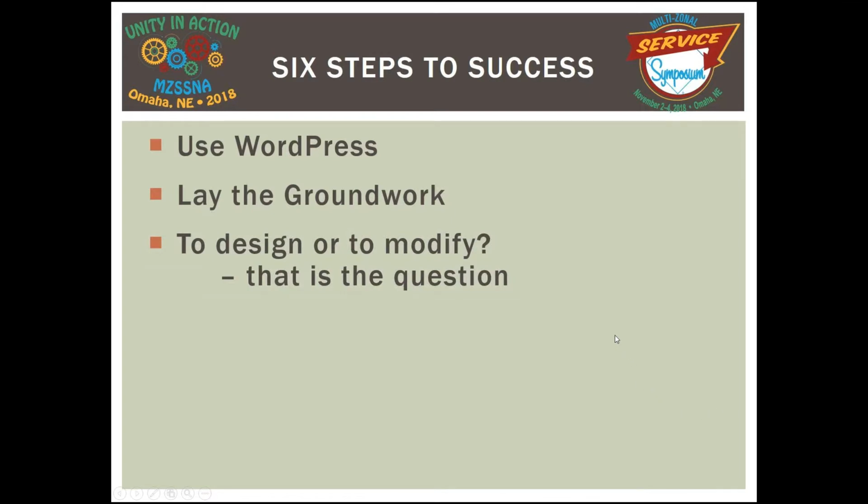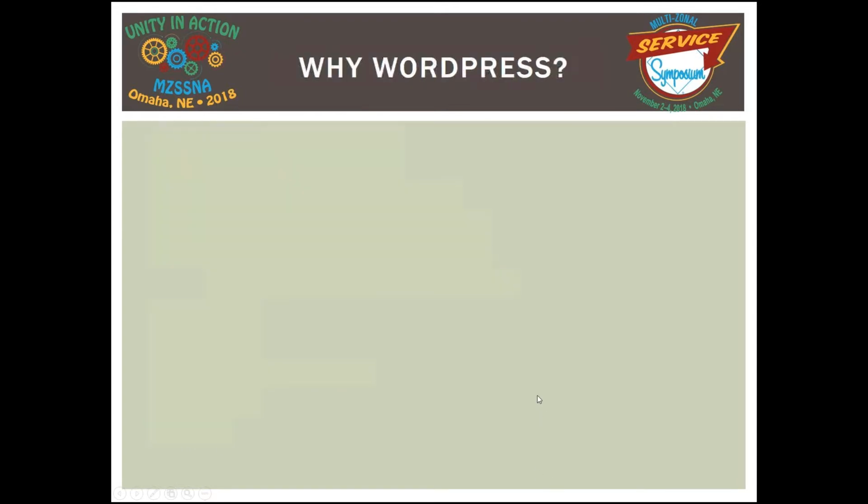Am I going to start from scratch, or am I going to start with someone else's baseline? And the next big step is steal. Steal ideas. We'll get to why that's an ethical thing to do. Get good tools, and then finally, go. Just start. That's probably the hardest thing and the most important thing.